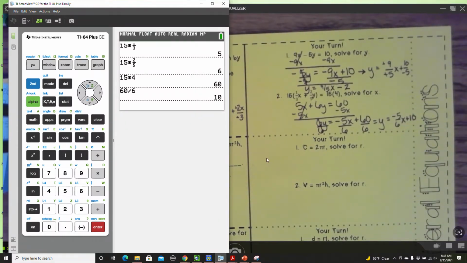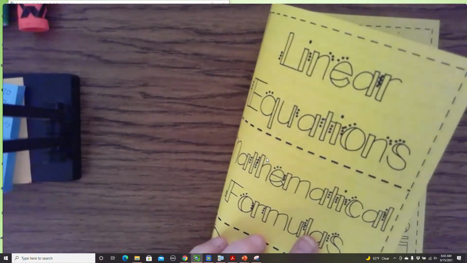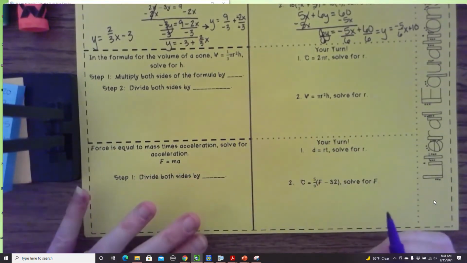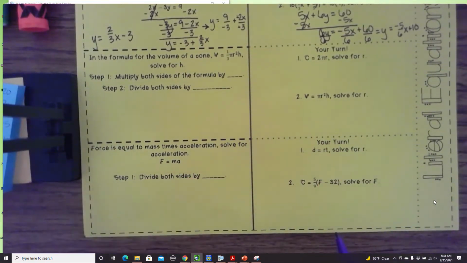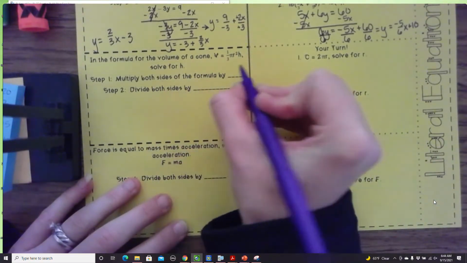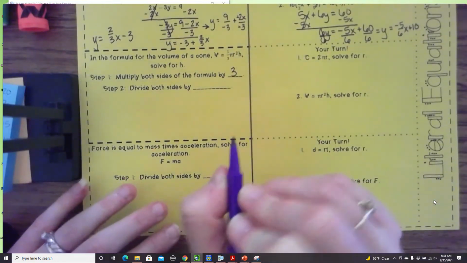All right, on the next row, now we're working with formulas, mathematical formulas. So in the formula for volume of a cone, V equals 1/3 pi r squared h. We're going to solve for h. So I want h by itself. So I'm going to multiply both sides of the formula by 3. And the reason I'm doing that is I want to get rid of that 1/3.